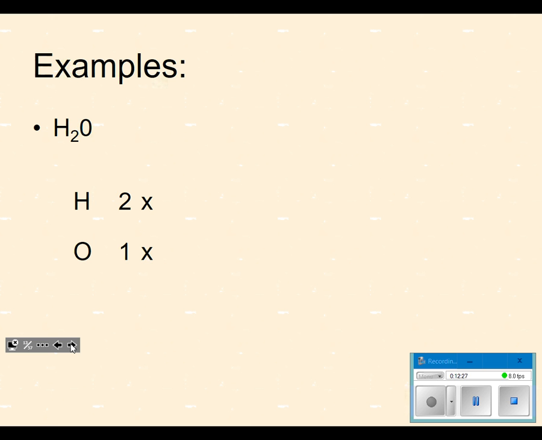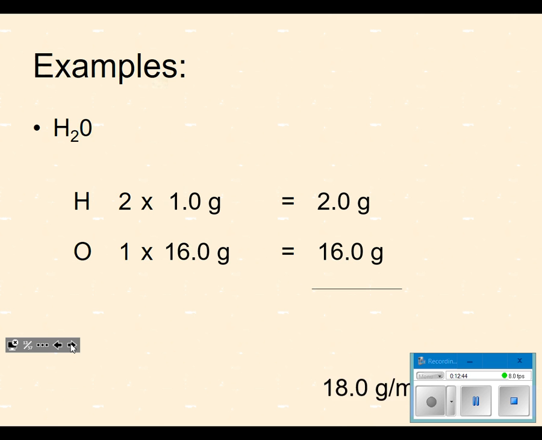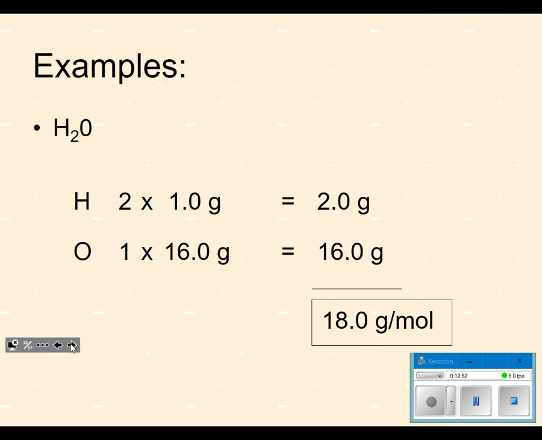Hydrogen is going to be 1.0 grams, and oxygen is going to get rounded to 16.0 grams. So now we're going to do that multiplication. 2 times 1 equals 2, and 1 times 16 equals 16. And then we're going to find the sum of those two. So the sum of those two would be 18.0 grams, and that would be grams per mole. So that would be the gram molecular mass.